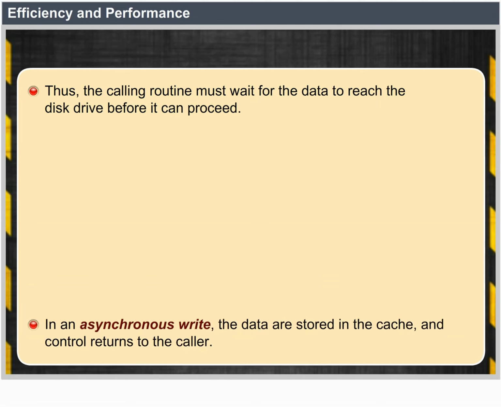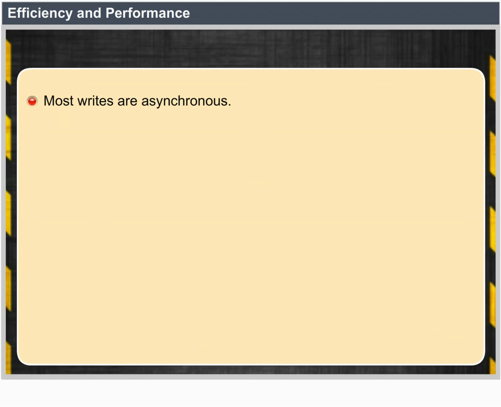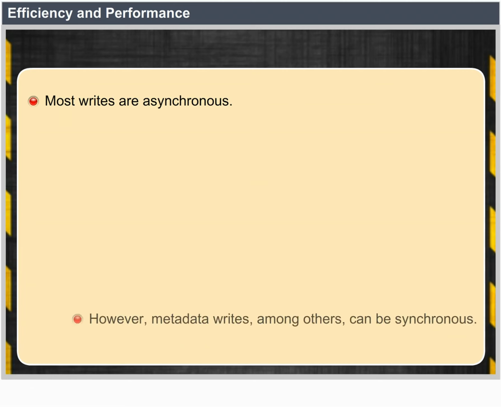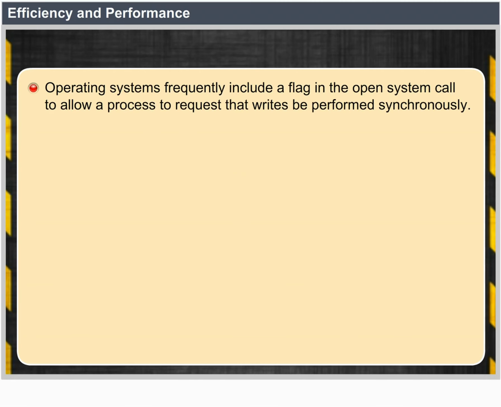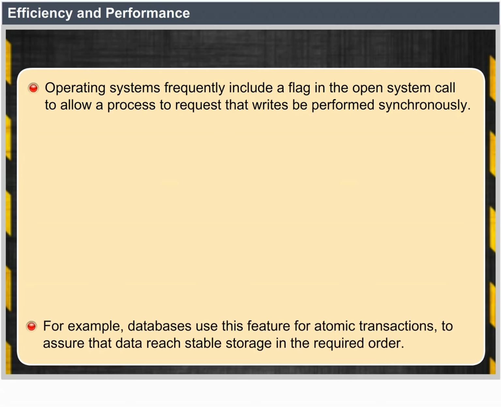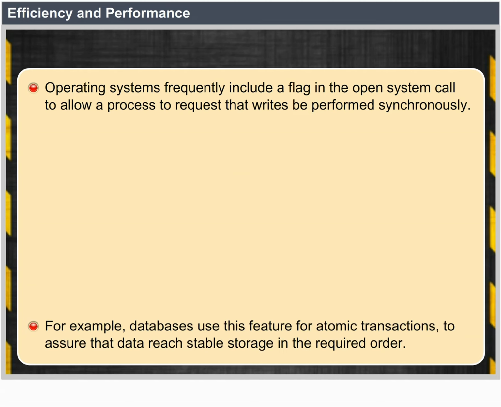Most writes are asynchronous. However, metadata writes, among others, can be synchronous. Operating systems frequently include a flag in the open system call to allow a process to request that writes be performed synchronously. For example, databases use the feature for atomic transactions to assure that data reach stable storage in the required order.